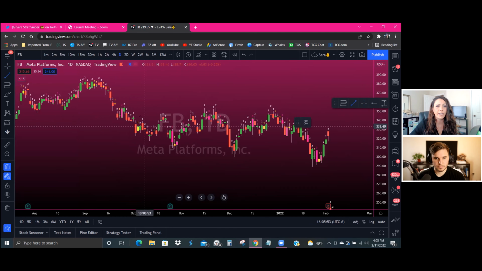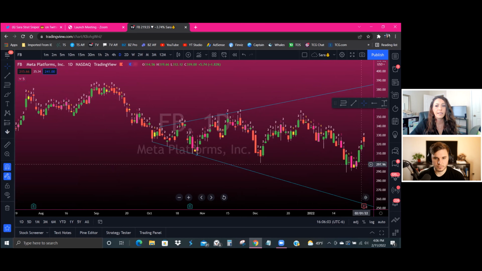Facebook was a great example. Let's not even, it still worked all the way back here. We have a lower low here compared to this low, and then this low made a new low compared to that low.